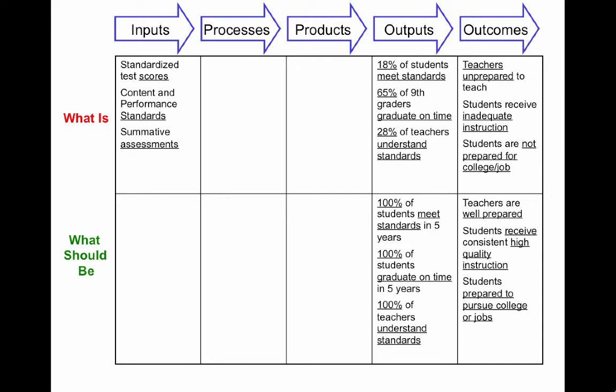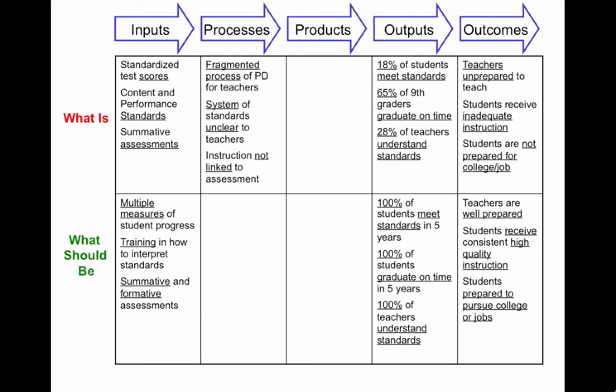So what are our current inputs? We see that we have standardized test scores. We also have content and performance standards, as well as summative assessments. What should be, there should be multiple measures of student progress, training in how to interpret the standards, and summative and formative assessments. Processes.